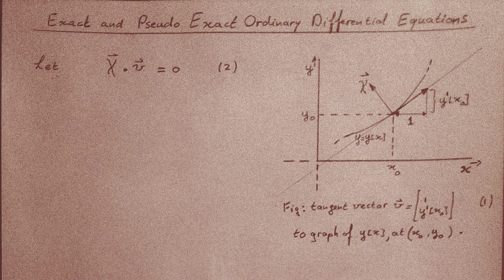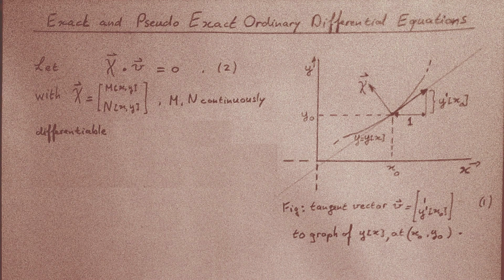Now imagine, vice versa, that we would specify vector chi and that we would do so at each point in a region in the xy plane. Indeed, let the components of chi be continuously differentiable functions m and n, of x and y.